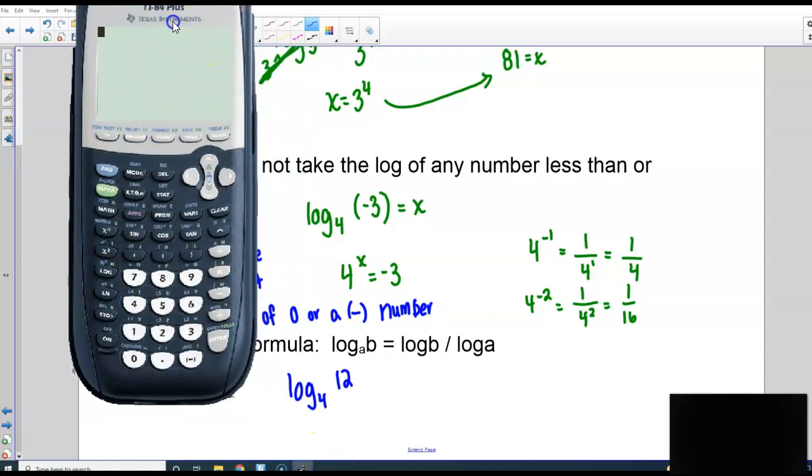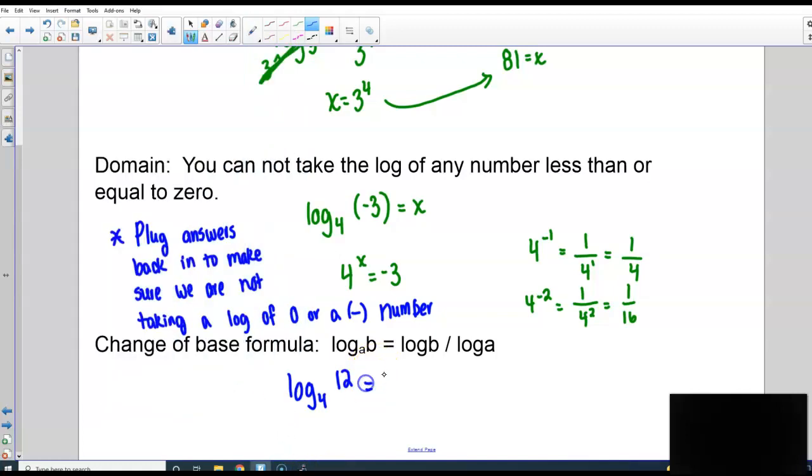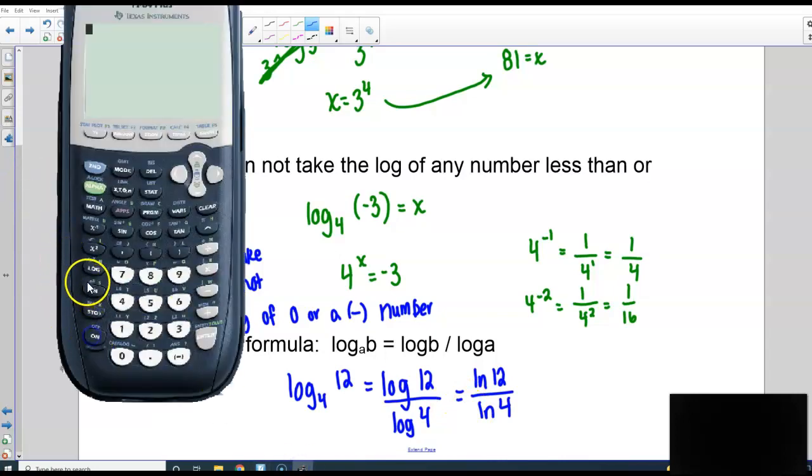I could just type that in as log 12 divided by log 4. Or I could type in natural log of 12 over natural log of 4. It doesn't matter if you use common log or natural log there. So I could just type in log of 12, make sure you close that parentheses, over log of 4. And I get 1.729.